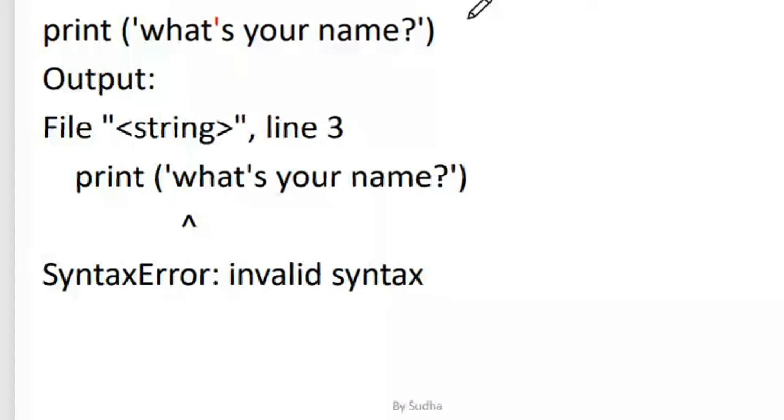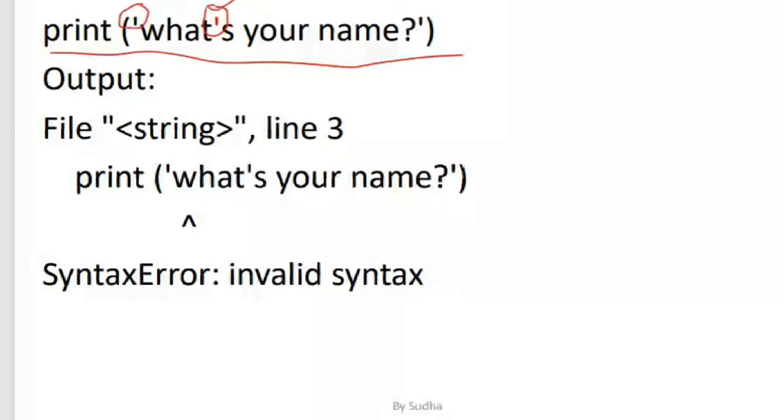Since I started the string with a single quote, it will search for a terminating single quote. The single quote here, it will consider to be the end of the string. So it will throw a syntax error.